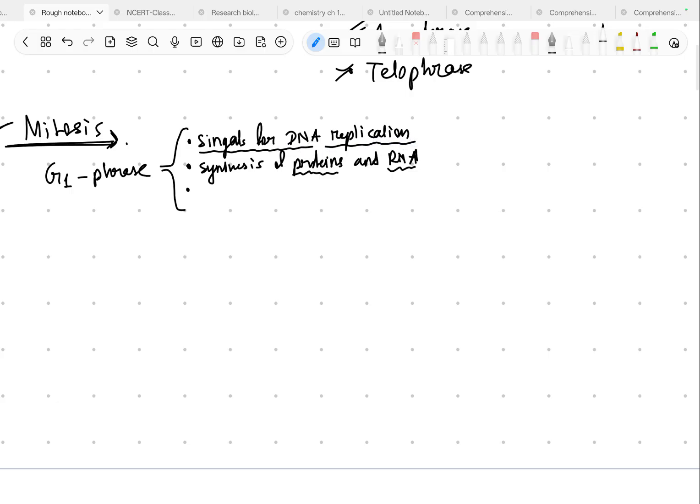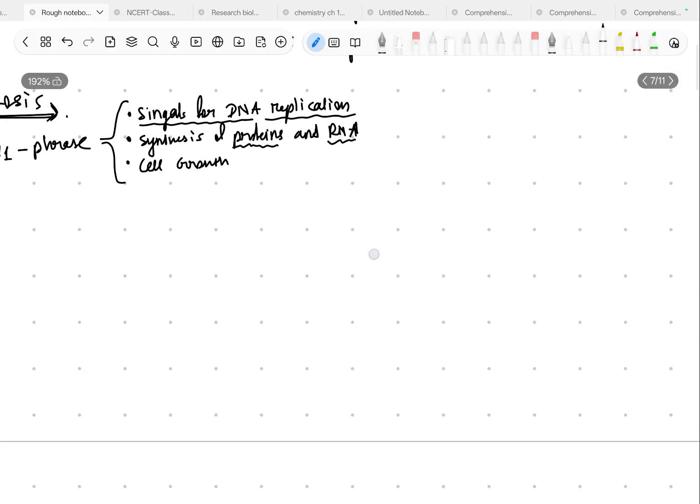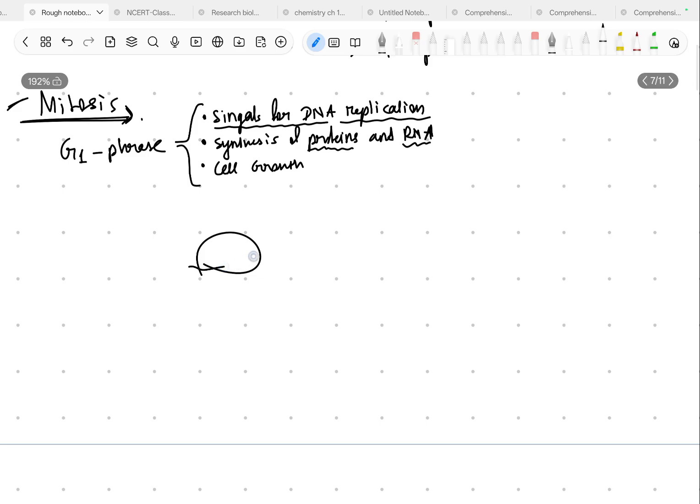Then cell growth is seen, which means the cell is growing. After the G1 phase it becomes larger, so there is a growth seen in the mass.